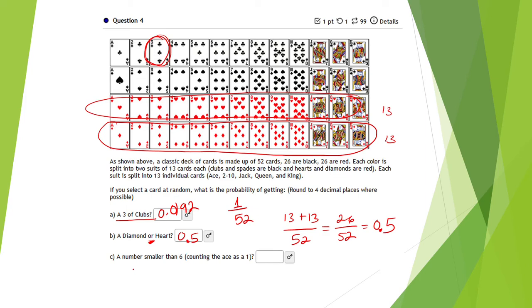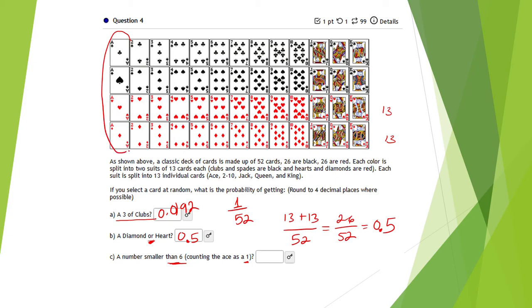Part C, a number smaller than 6, counting ace as a 1. So the ace is considered a 1, and we want to look at all of the numbers that are smaller than 6. So we have 1, 2, 3, 4, 5. 1, 2, 3, 4.